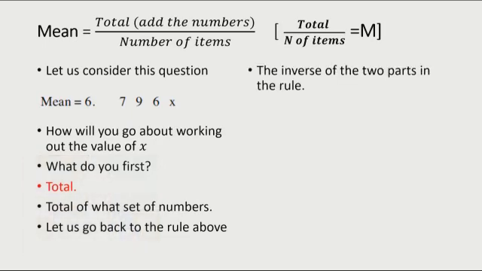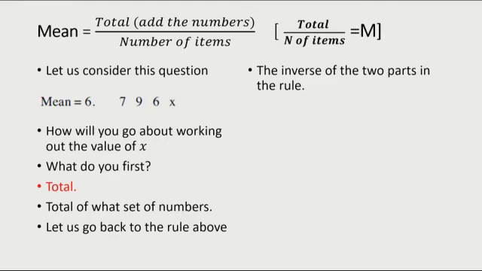Because we're going backward, we're going to do the inverse. The inverse of the two parts. What's the first part? We worked out the total and we divided. So we added and divided. So we do the inverse. What was second is done first. What was first is done second.